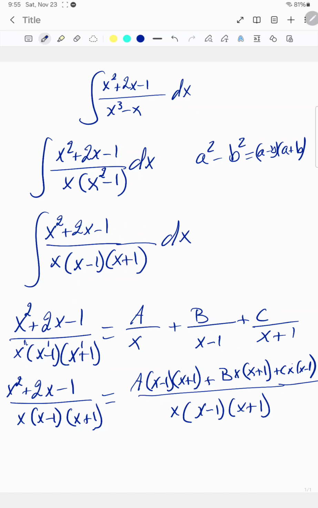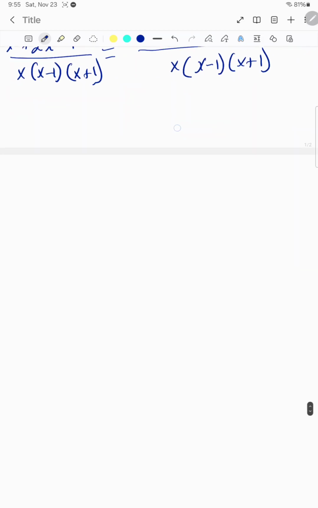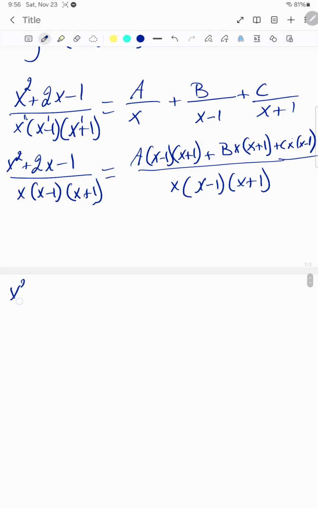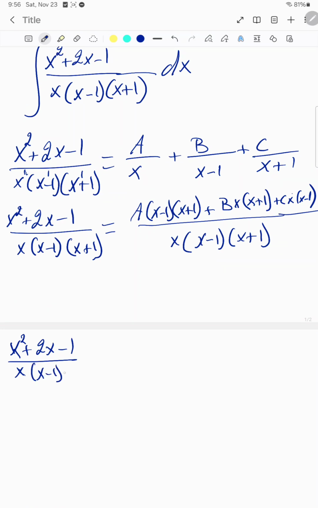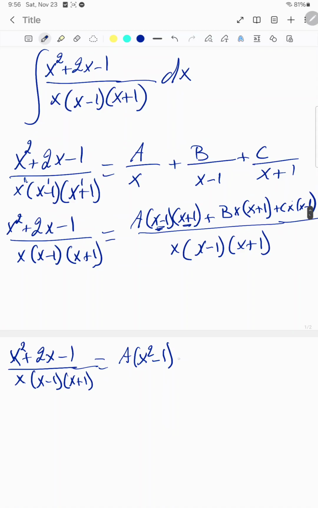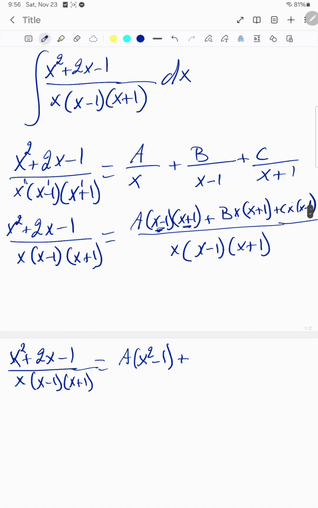So let's write it in a better way. My x squared plus 2x minus 1 divided by x times x minus 1 times x plus 1 equals a times x minus 1 times x plus 1, I can write it x squared minus 1 squared, which is minus 1, plus, and I can multiply my b by x times x plus 1, and I will distribute my bx inside my parentheses, so plus bx squared plus bx, and I will distribute my cx into my parentheses.